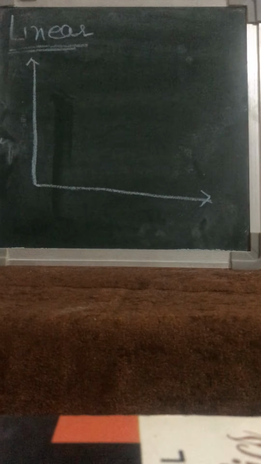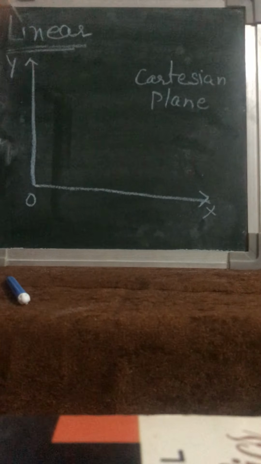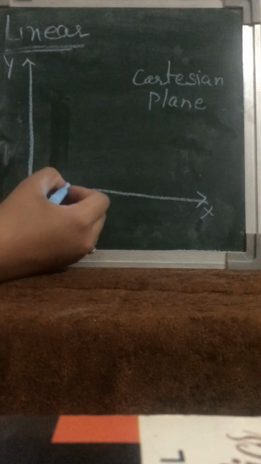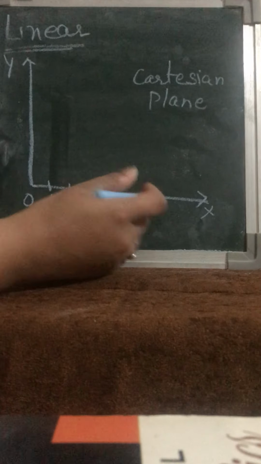Cartesian plane, this is origin, this is x, this is y. Now the points on the x and the y axis, 1, 2, as we did earlier, 3, 4, 5.